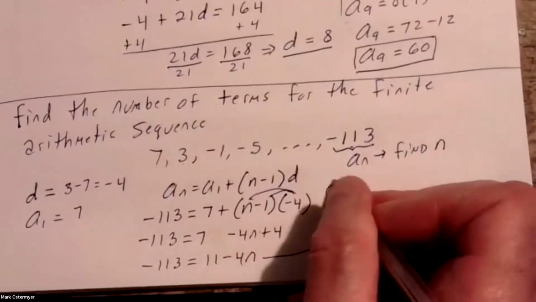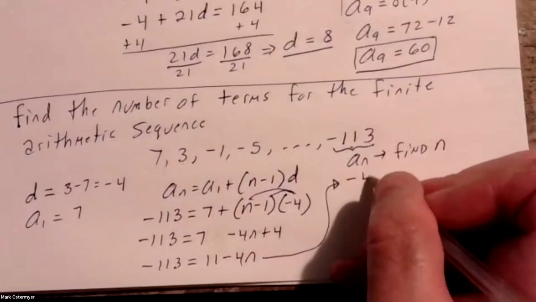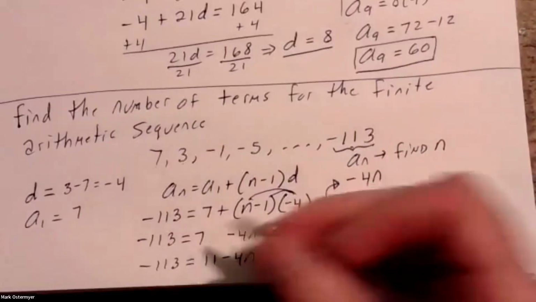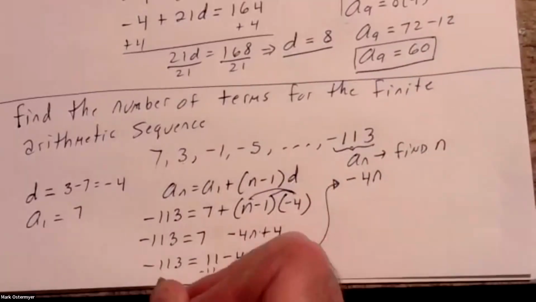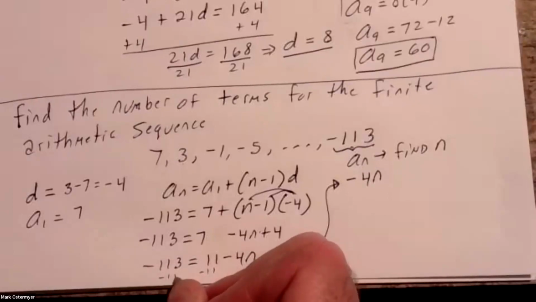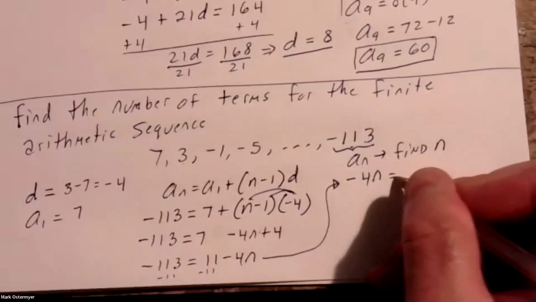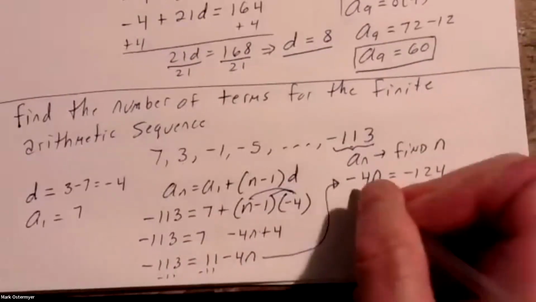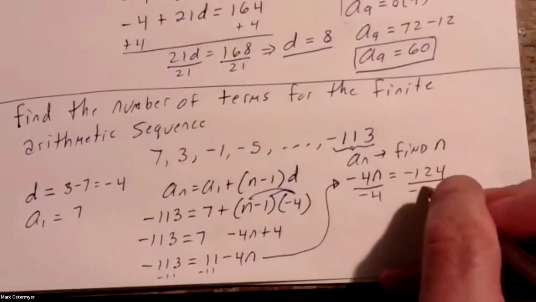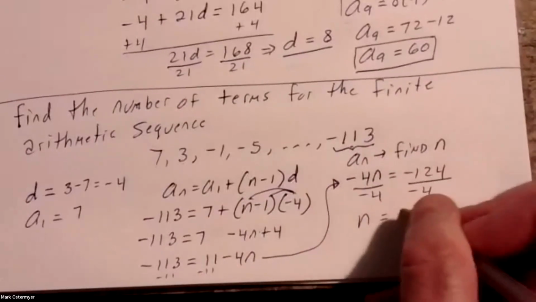Solving for n now. -4n, we subtract 11 from both sides. And this is going to give you -124. Divide both sides by -4. And we get n is equal to 31.